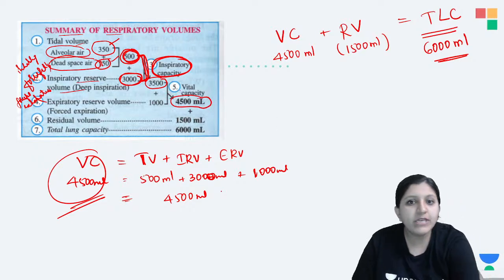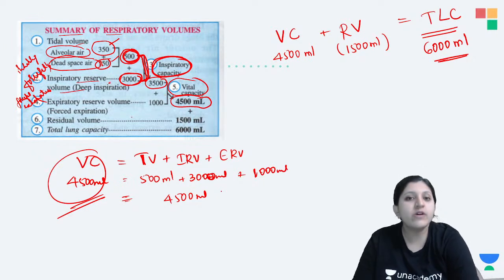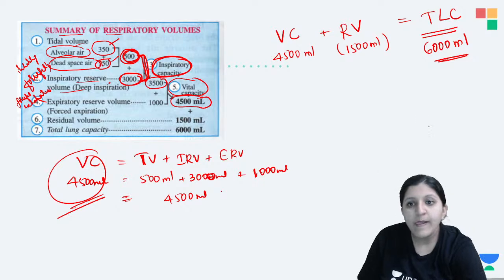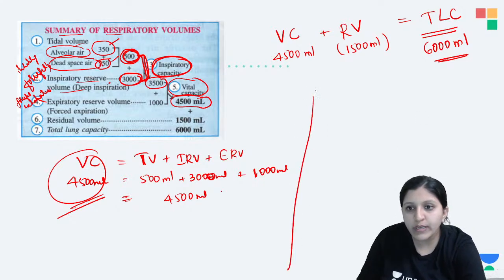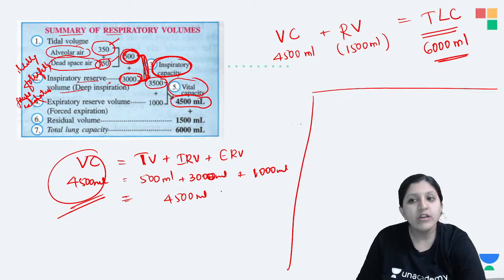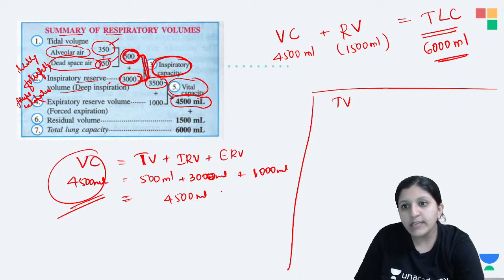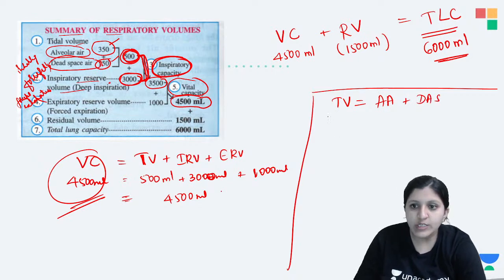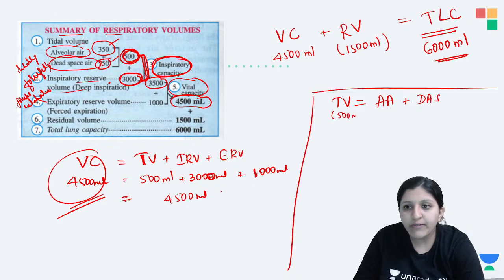That means this is the vital capacity, which includes the tidal volume, the inspiratory reserve volume, and the expiratory reserve volume. I'll write it over here. Tidal volume is the alveolar air and the dead air space, which together give us about 500 ml.